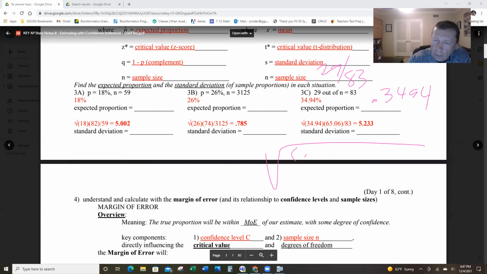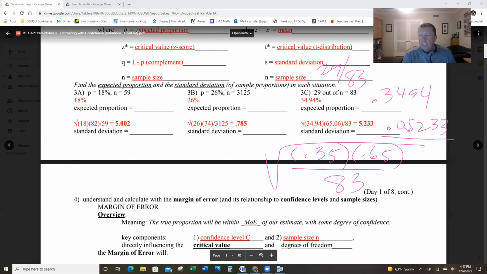So 0.35, 0.65 over 83. And that's going to come out about 0.05233. It's better to write it in proportions, about 0.05, which is about 5%.